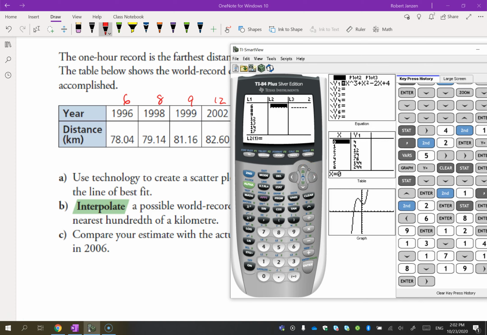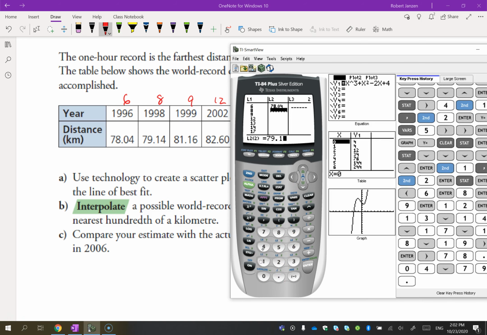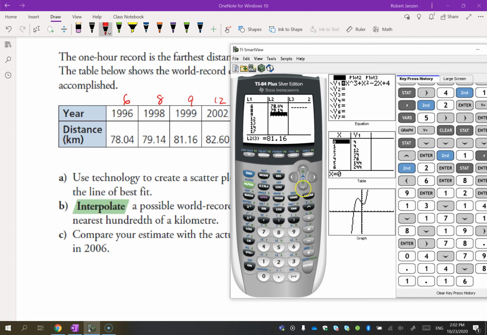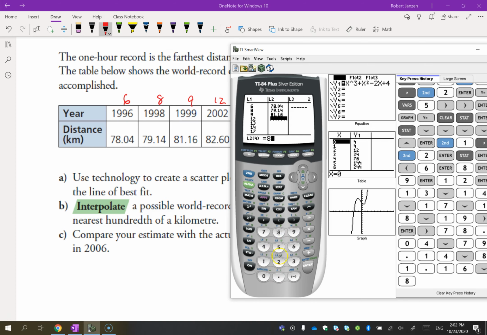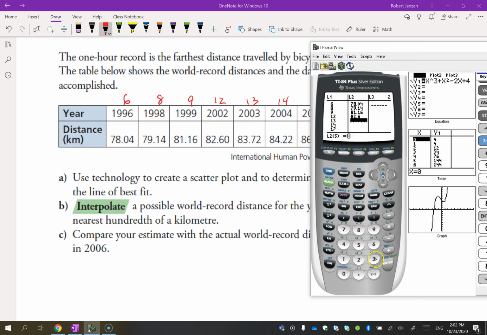Now I'm going to put the next column in, 78.04. Whoops, got a little trouble here.